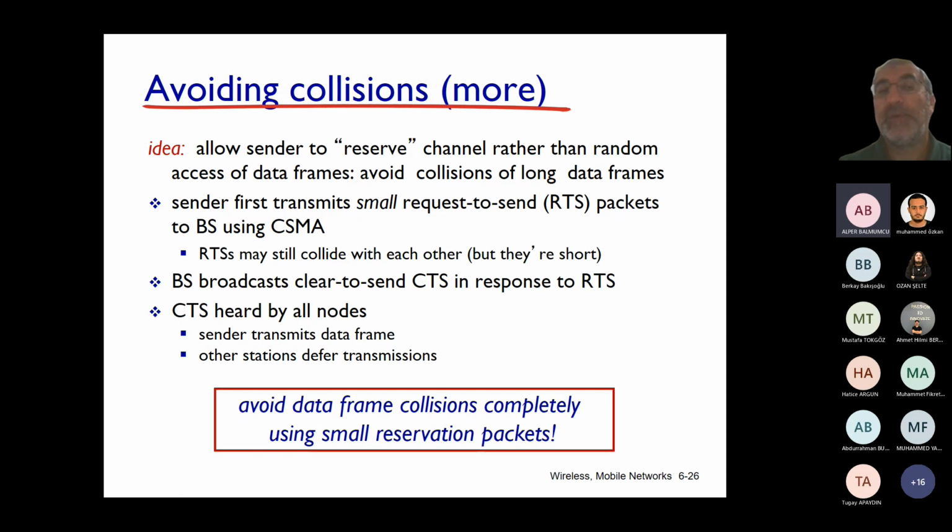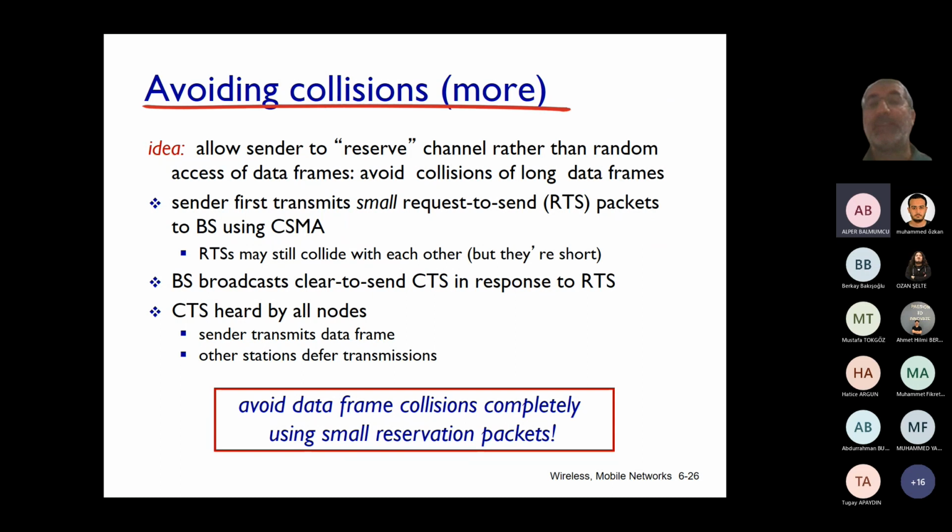The main idea behind this strategy is to allow the sender to reserve the channel rather than random access of the data frames. By doing this, we avoid the collisions of long data frames. How does this work?